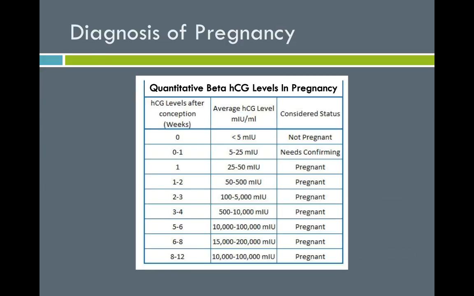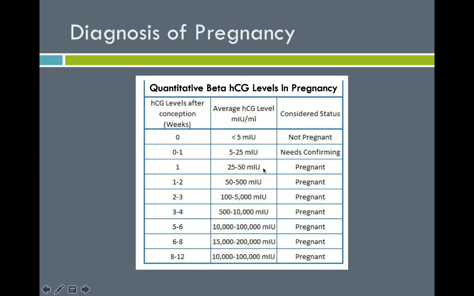So here's a chart that I do not want you to memorize. The only level that you really need to know is these top two levels. So if you do a quantitative test for whatever reason, and you get a measurement of less than 5, then the patient's not pregnant. Anywhere from 5 to 25, the patient is pregnant.